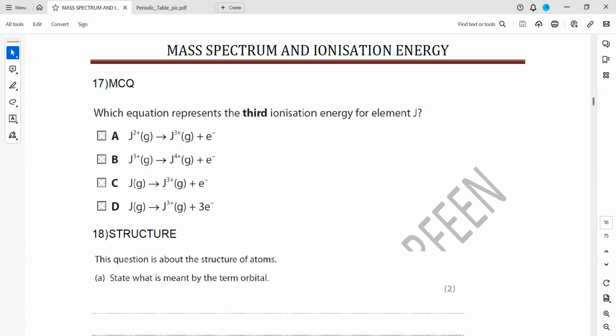Ionization energy means the energy needed to remove an electron from a gaseous state. So here, this is representing the third ionization. This one is actually representing the fourth ionization. This is not at all correct. This is representing a fourth ionization, where the fourth electron is removed.